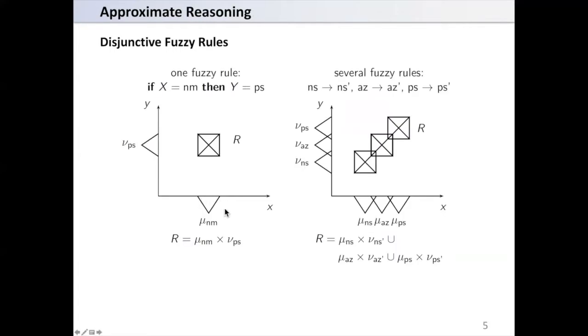Now both x and y are fuzzy sets. This is a single fuzzy rule, and it is saying that if x is negative medium, for example, then y is positive small. For this set, we have a membership function, and for that one, we have a membership function.